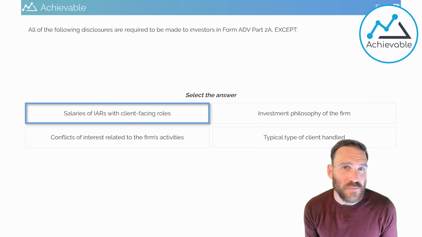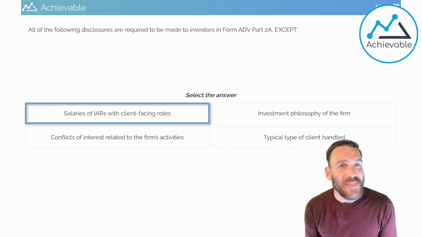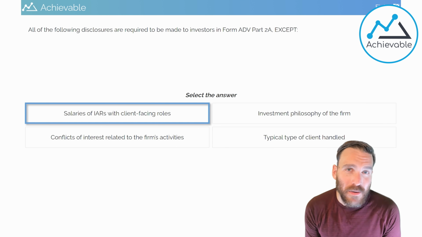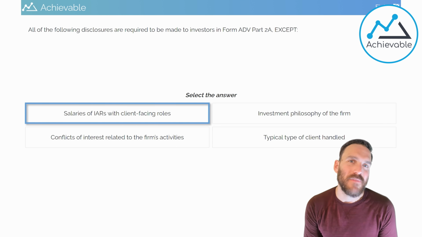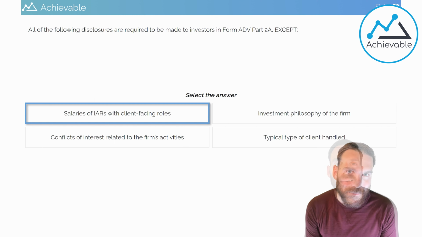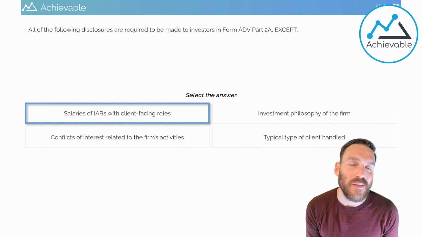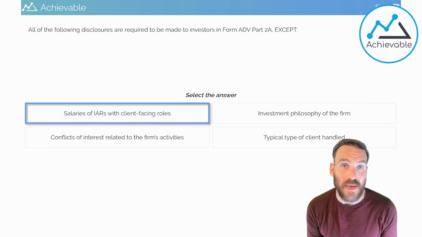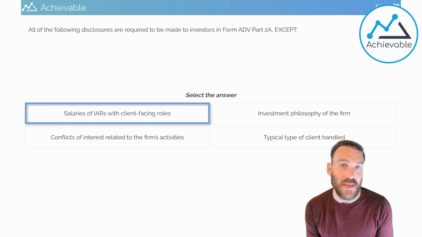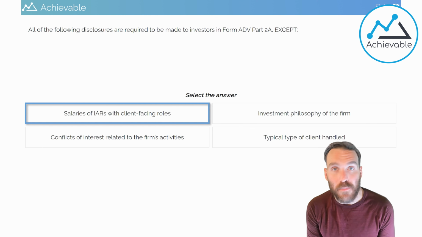While transparency is really important in the industry, this is arguably going too far, telling exactly how much an investment advisor representative is making. Again, the client will know what type of fees the advisor collects. Are they hourly fees? Are they fixed fees? Are they assets under management fees? Are they performance fees?